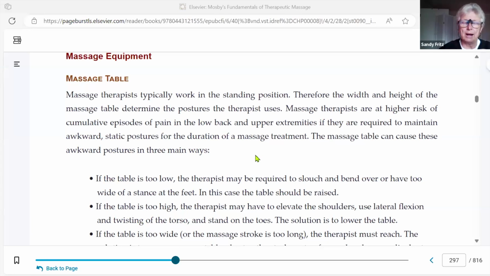So they're trying to come up with a portable hydraulic electric adjustable table, and it hasn't been real successful yet. So for those of you that are moving your table around or taking it up and putting it down, you're going to have to be aware of how you adjust prior to a massage. But it's unlikely that you will adjust the height during the massage, which is unfortunate, but there is a way to adapt around that.